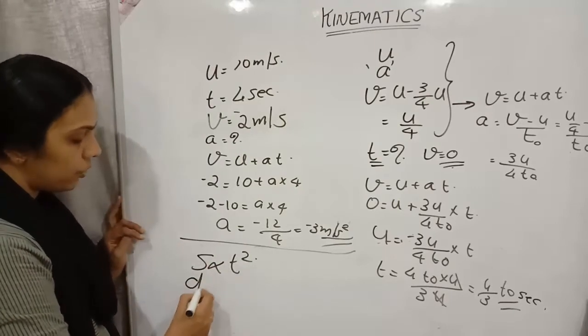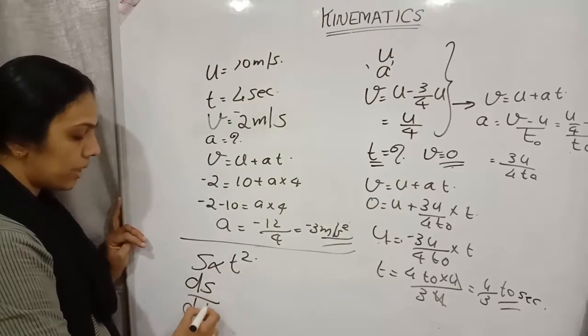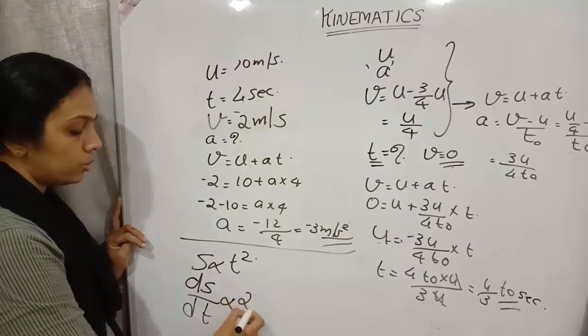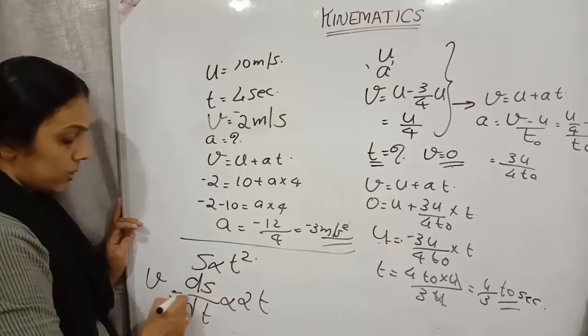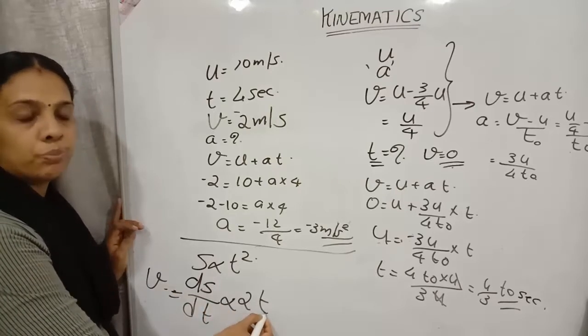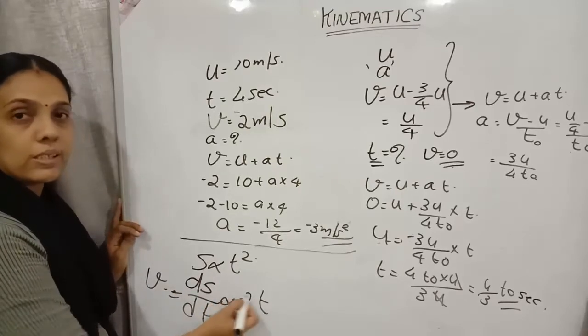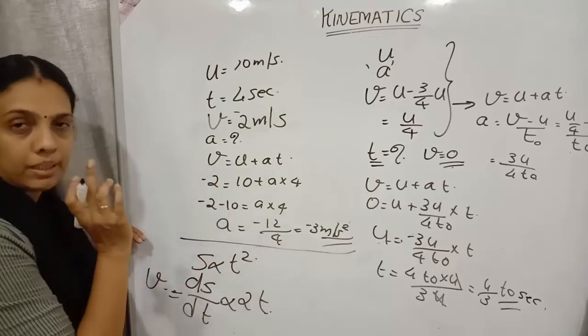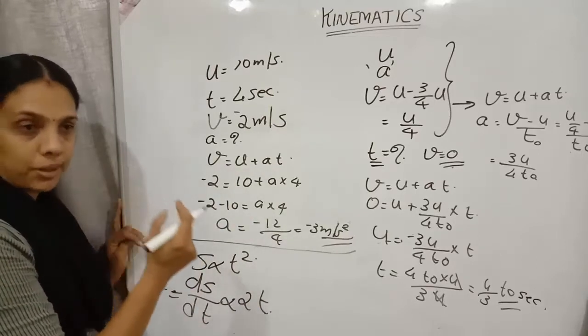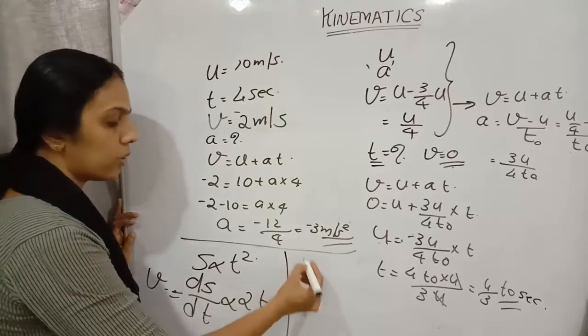Okay, so for velocity we can find out ds by dt, which is proportional to 2t. That is velocity is proportional to 2t. The velocity is equal to a constant into time. That means it is changing with respect to time. Now we will find out the acceleration.